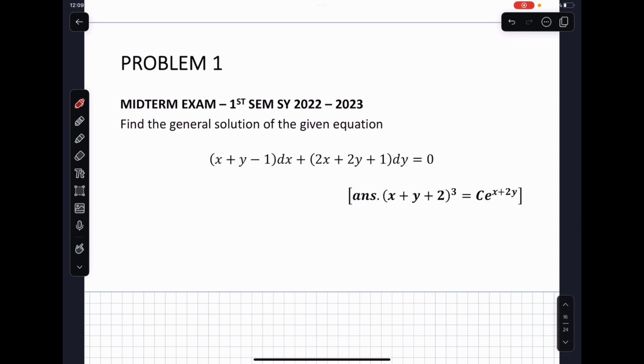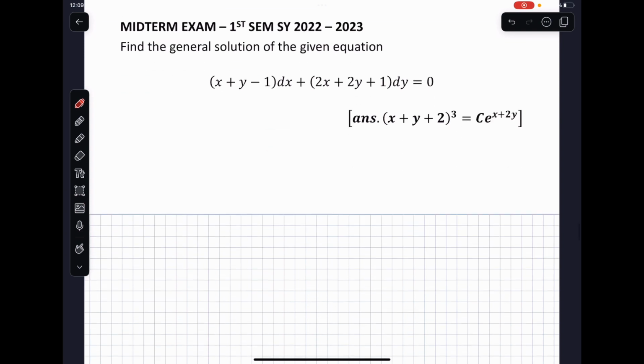So let's have our example. Find the general solution of the given equation: x plus y minus 1 dx and 2x plus 2y plus 1 dy is equal to 0. From here, we can see that a1 is 1, then a2 is 1 as well, and b1 I mean, for the second, we have 2 and 2, so it's 2 over 2.